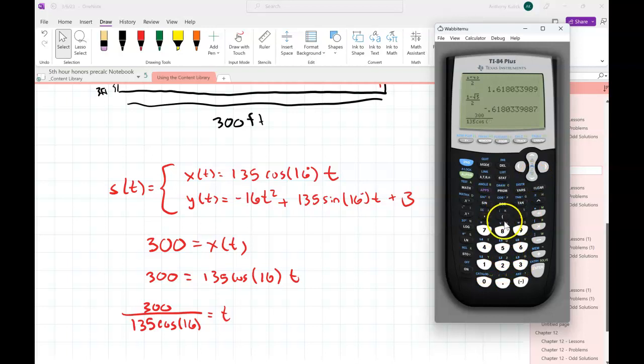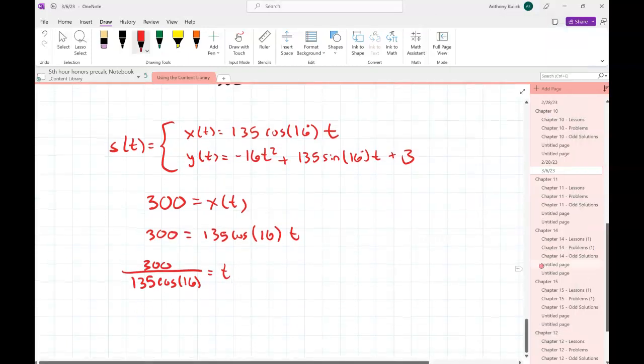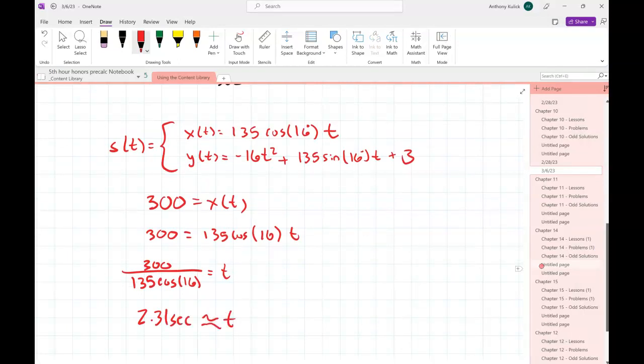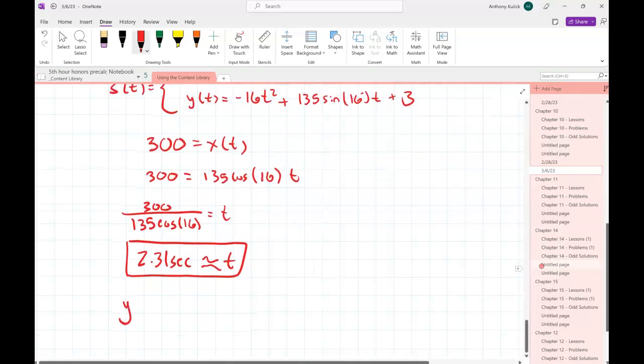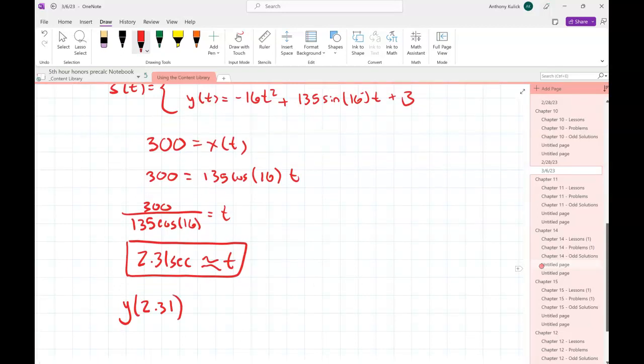You need to use a parenthesis in the denominator there. But rather than mucking around with that, I can just type it in my calculator exactly like it looks. So I get about 2.31 seconds. So if I do y of 2.31, sure, that should give me my answer, right?